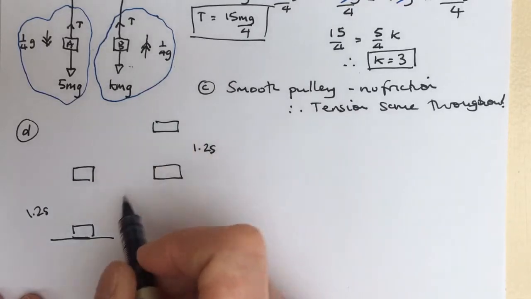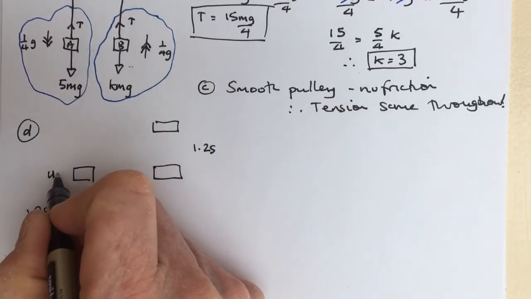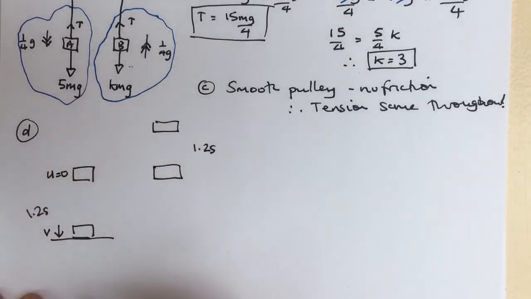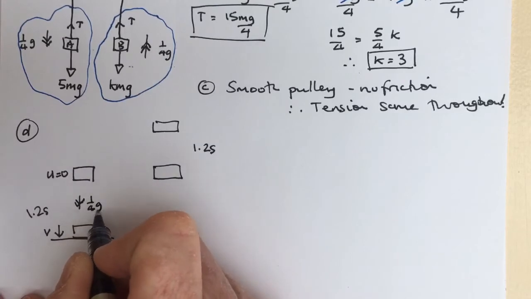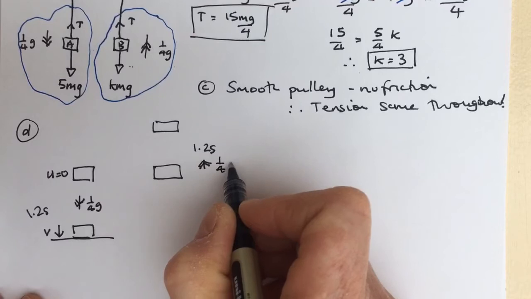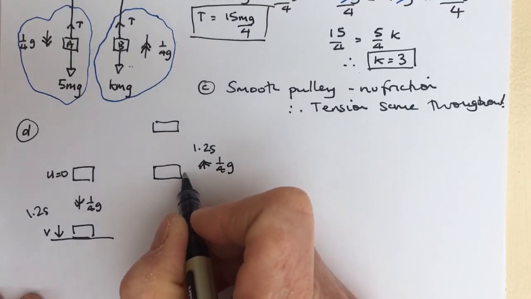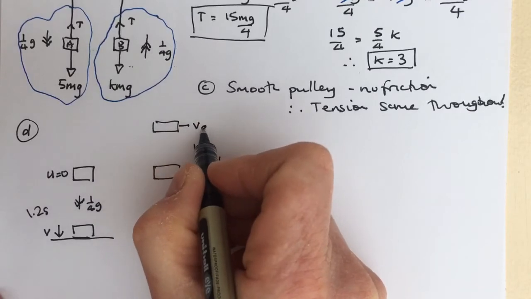But then when A hits the ground, B has a velocity. It started with no velocity from rest, and it moved up with a quarter g, so it has actually got a velocity.